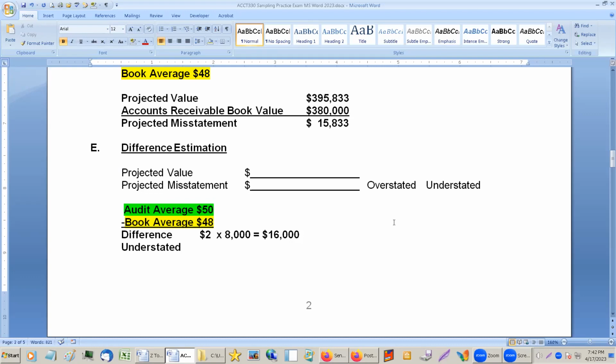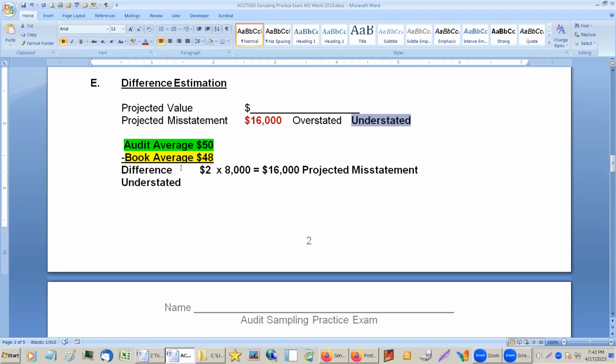So this is actually projected misstatement. We're saying that every one of those is misstated by, in total, 16,000. Okay, and these are understated. All right, so the question is, what would the projected value be?